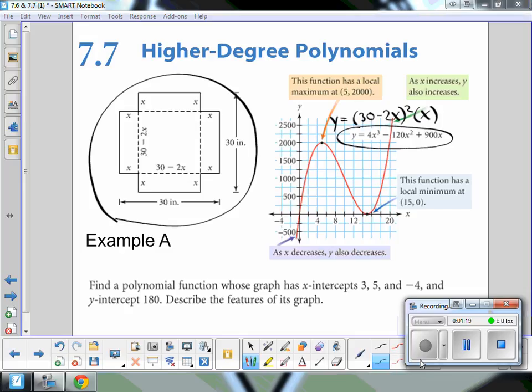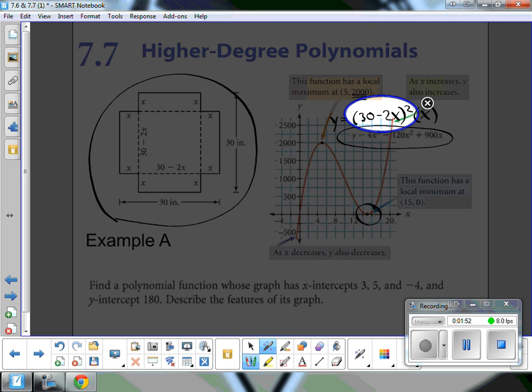Okay, here is the graph. We explored it a little bit yesterday. The maximum volume was a 2,000 cubic inch box with height 5 units or 5 inches. And one thing we noticed yesterday was that it bounces off here at 15, 0. It bounces off the x-axis, and that's known as a double root. That occurs when one of the factors is squared.